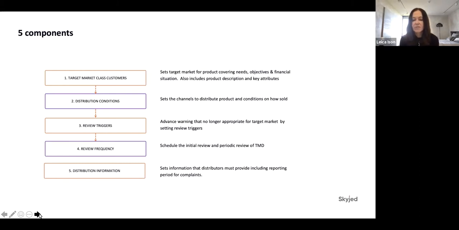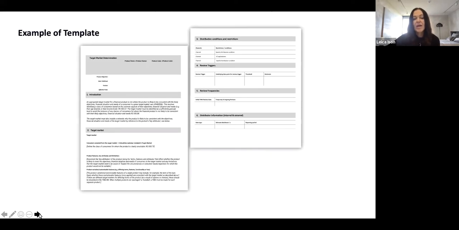What sort of things do we have to look at? And then really importantly, lining that up for the reporting periods that we need for our product reviews. So I like to just think about those 5 key components of the things that we need to cover off in a target market determination.